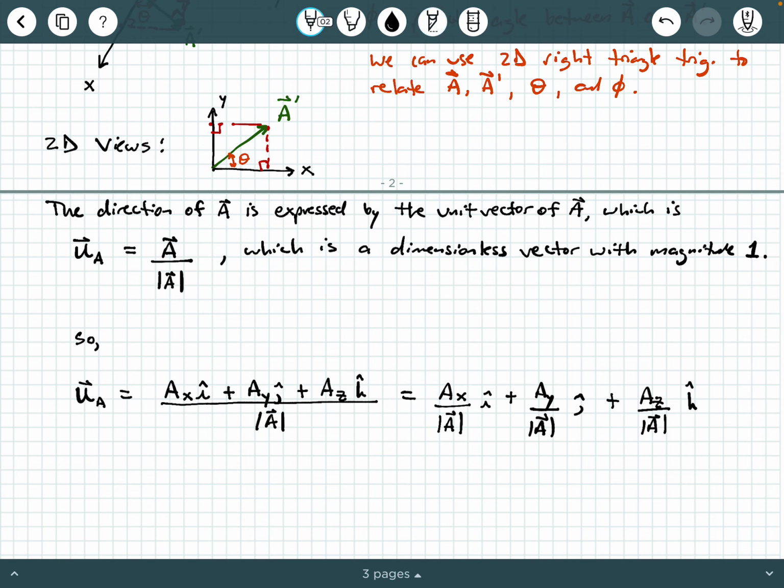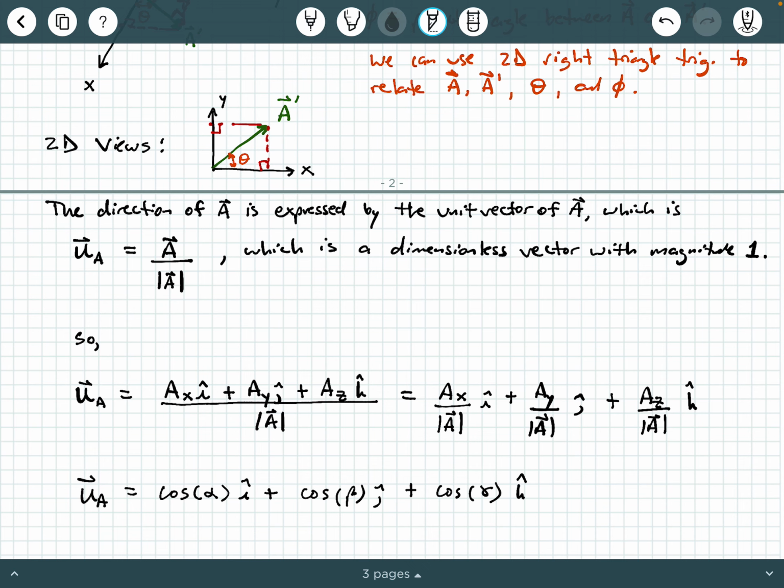So guess what? We can rewrite the unit vector of A as cosine alpha i plus cosine beta j plus cosine gamma k, because of those definitions of those coordinate direction angles. So that's a handy little relationship to utilize.